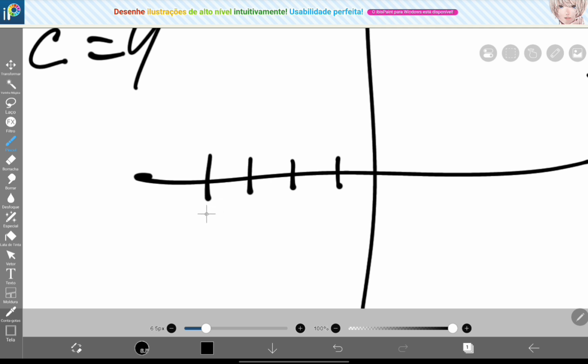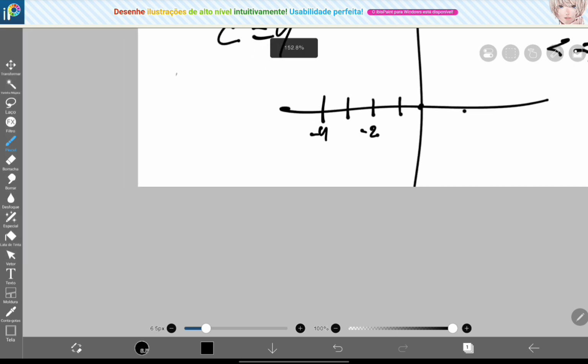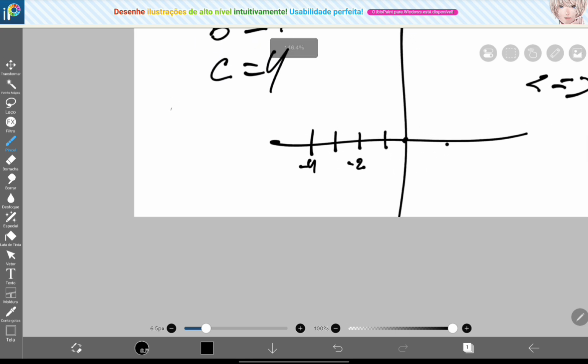Minus 4 is here, 0 is here. So in the middle is minus 2.